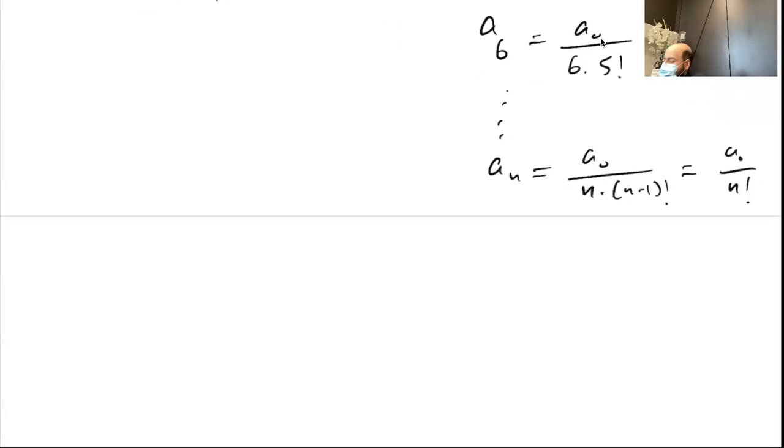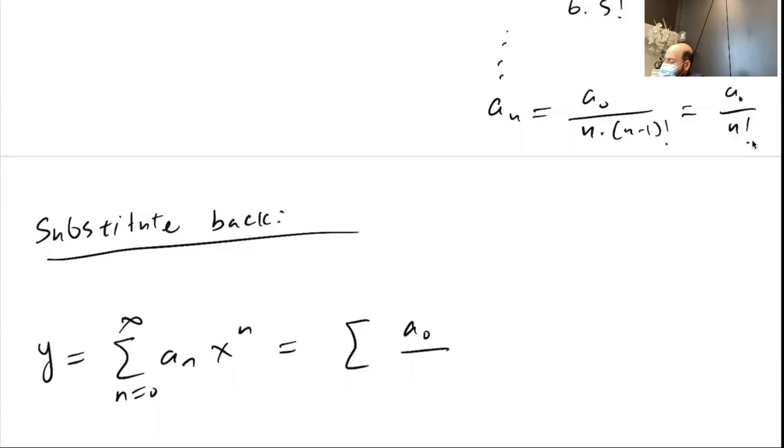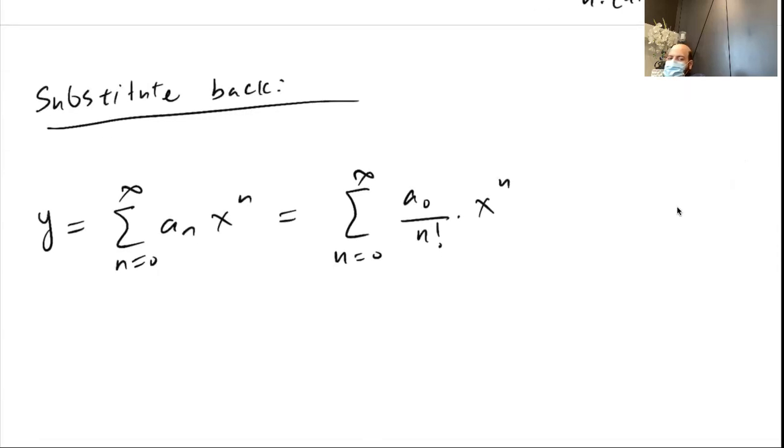So if I substitute back, then what do I get? I'll get y equals sigma a_n x to the power n, from 0 to infinity. We just verified that a_n is a0 over n factorial. So I can write the sigma of a0 over n factorial times x to the power n, from 0 to infinity. a0 can be factored out.